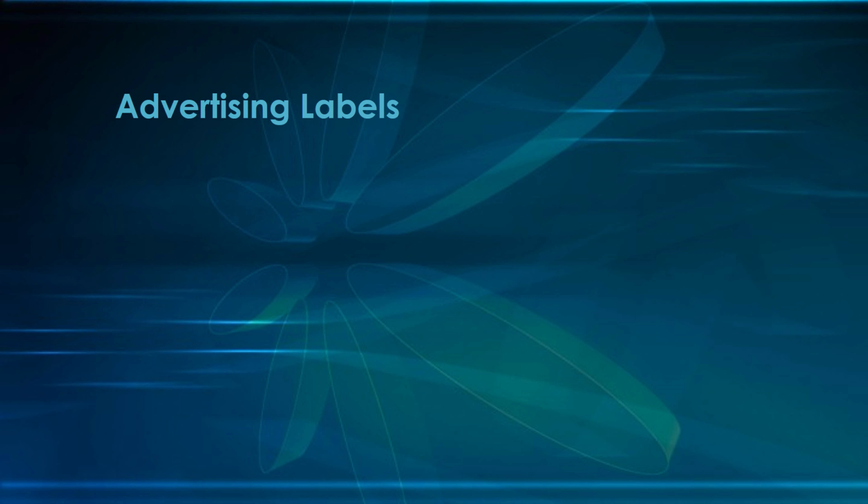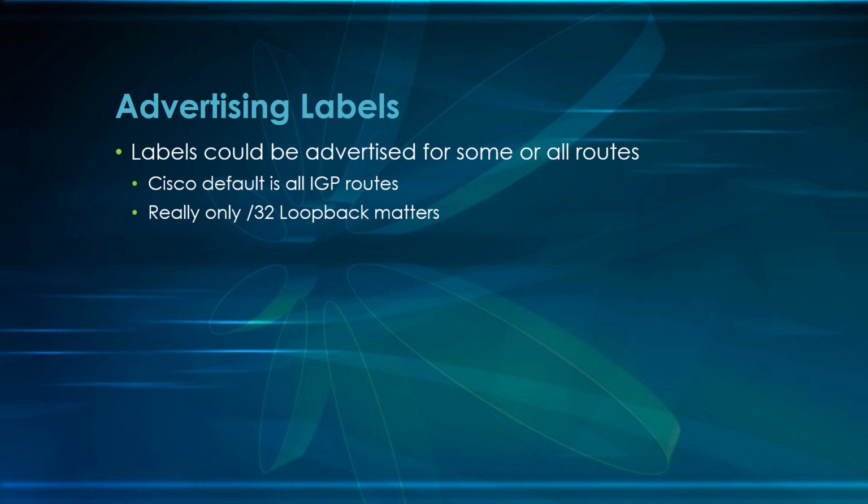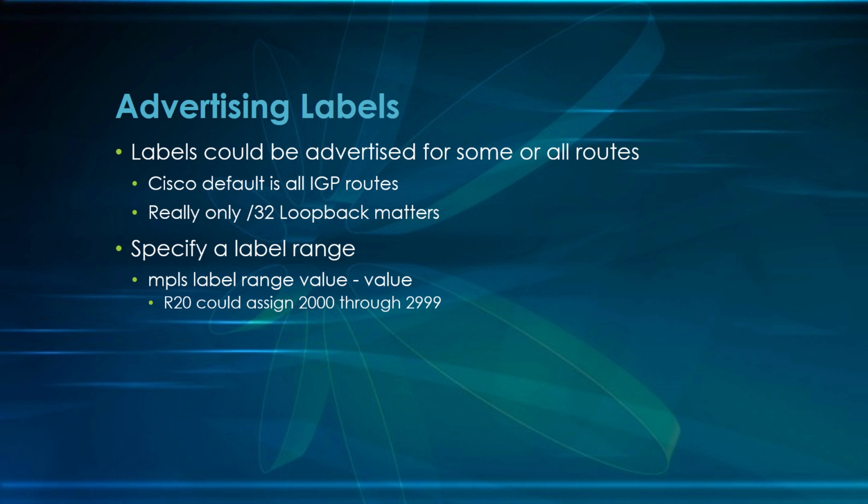When it comes to advertising labels, labels could be advertised for some or all of the routes. Cisco by default uses all routes when you really only need the /32s for the remote PE loopbacks. You can specify a label range, using the MPLS label range command with a beginning value and ending value.